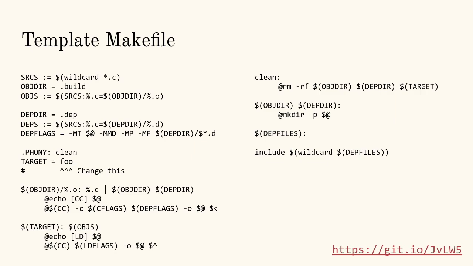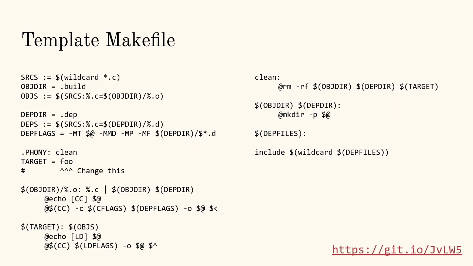Everything after that colon is all of your prerequisites. Generally speaking, you're going to be looking at more than one prerequisite, because if your project is complex enough to be using a Makefile, you're looking at at least more than one prerequisite.